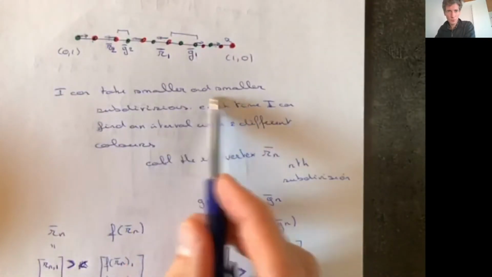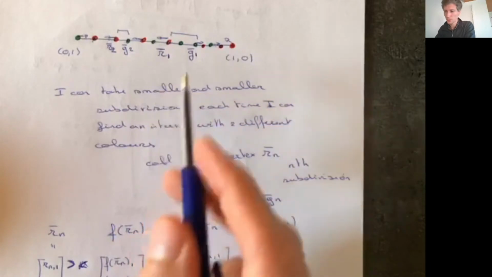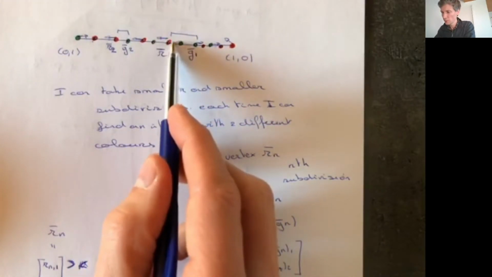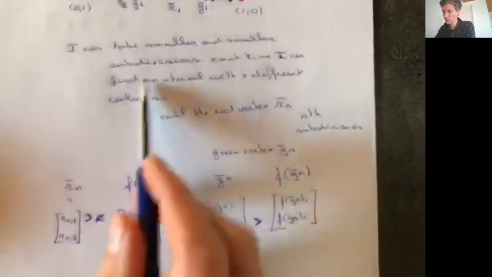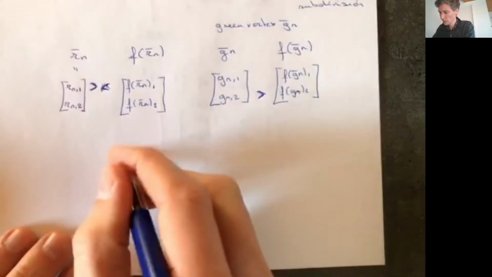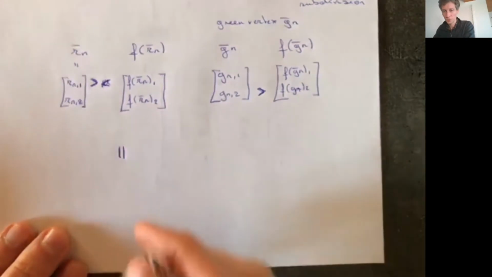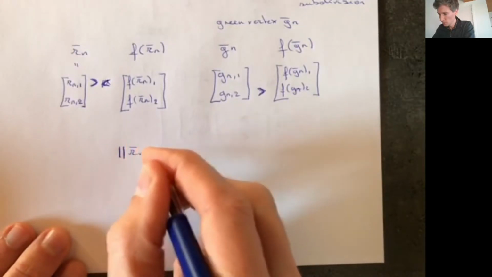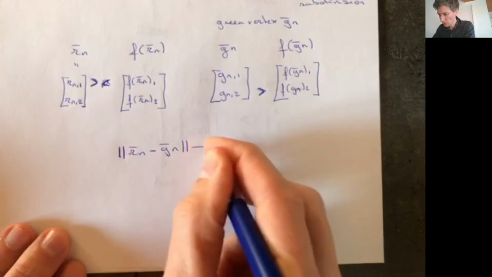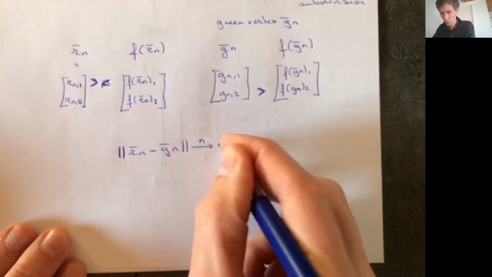So what do we also know? Well, we know that these subdivisions get smaller and smaller and smaller, right? So in particular, we can each time take the midpoint between every interval. So basically, the size halves each time we take a smaller and smaller subdivision. So if you would look at the distance between the vector Rn and the vector Gn, well, if n goes to infinity, this would converge to 0.